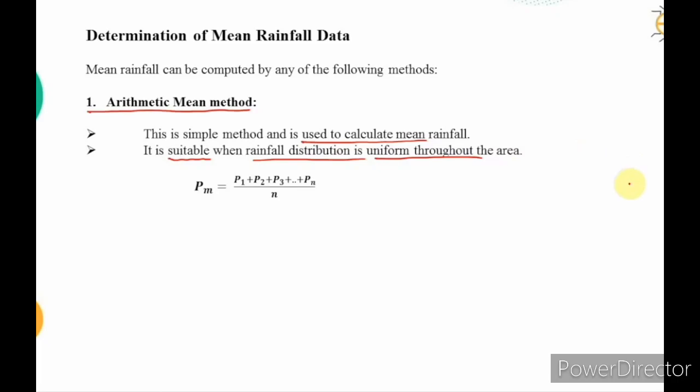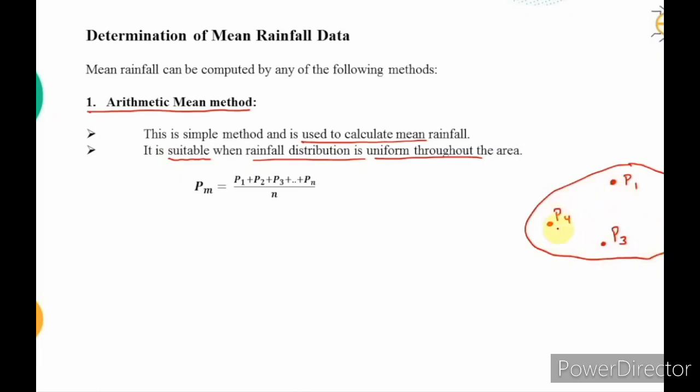For example, consider this is an area. We have different rain gauge stations. These are the points where we measure the readings of the rainfall. For example, we take 4 rain gauge stations. We assume that the rainfall is uniform throughout this area.